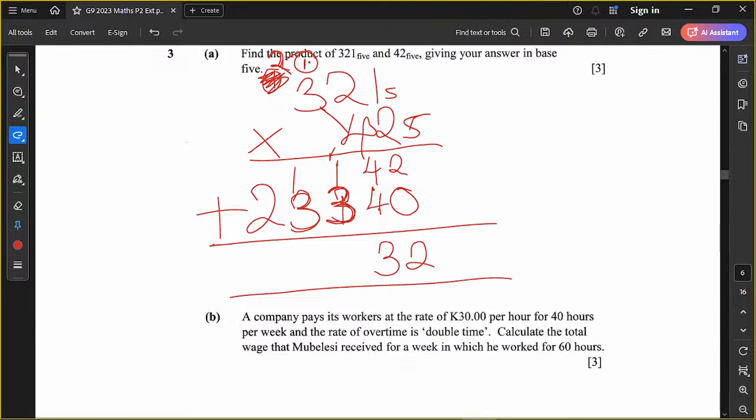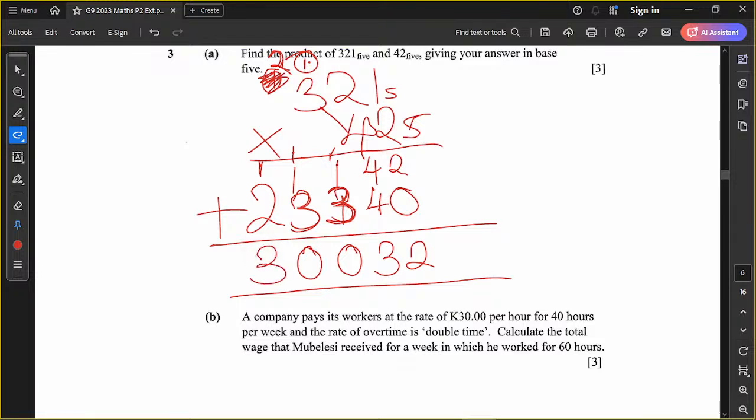It will go 1 time, remainder 0. So we put 1 here. 1 plus 1, that is 2. 2 plus 3, 5. How many times can 5 go into 5? It will go 1 time, remainder 0. Then we have 1 here. 1 plus 2 will give us 3, and that is the 3.